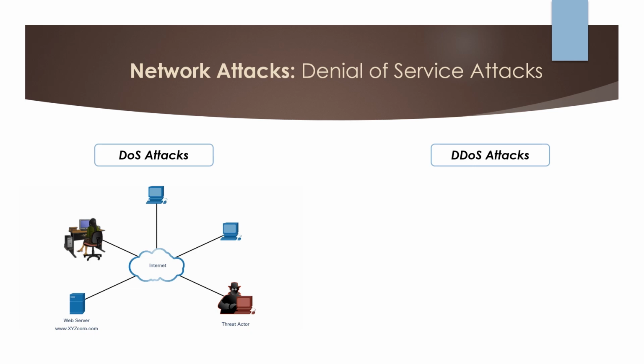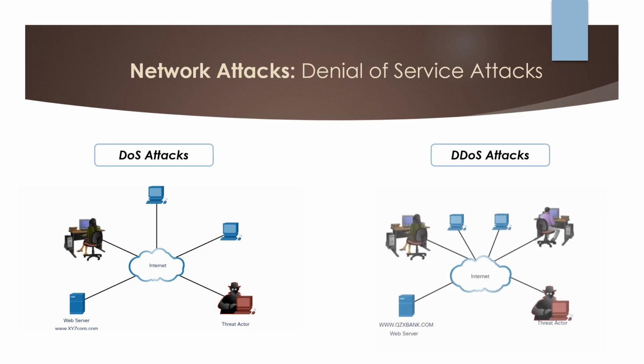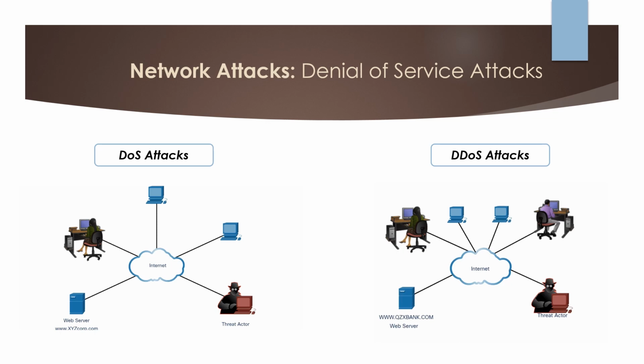The threat actor uses a command and control program to instruct the botnet of zombies to carry out a distributed denial of service attack. Here is another animation that explains how distributed denial of service attacks happen. First it will infect the computers in the network, and then they will send the distributed denial of service code to the server, in this case the web server.